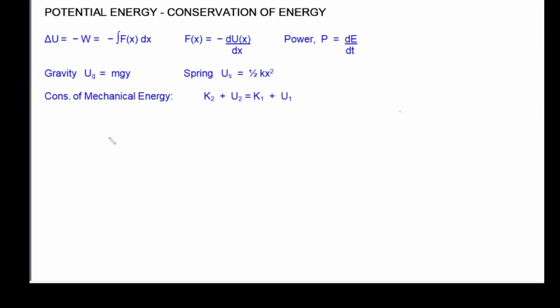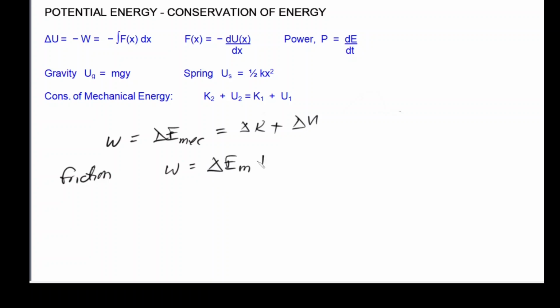So we had seen that work is equal to the change in energy, and let's talk about mechanical energy at this time, which is equal to the change in kinetic energy plus the change in potential energy. But what if we have friction? In this case, work is equal to the change in the mechanical energy plus the change in the thermal energy.